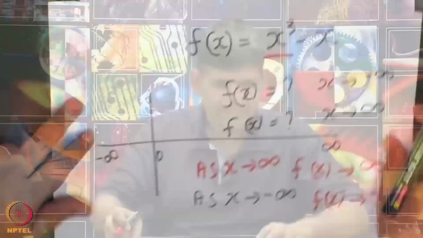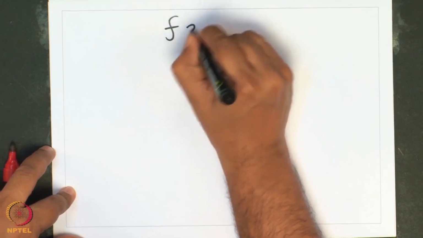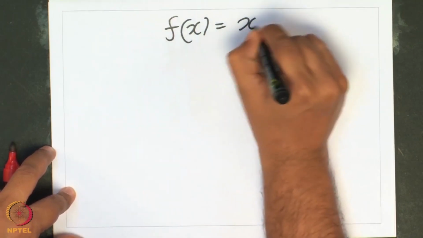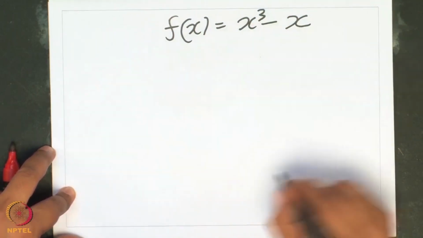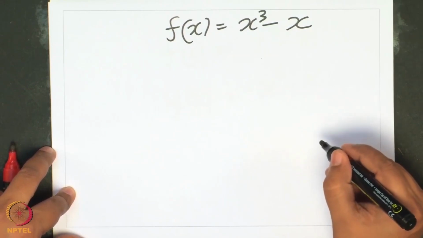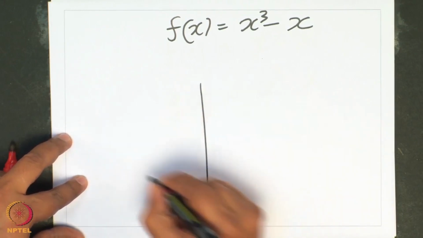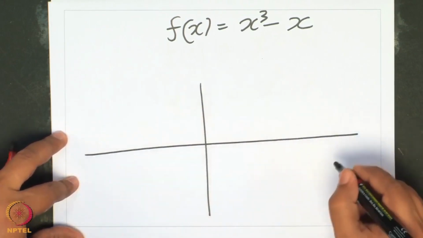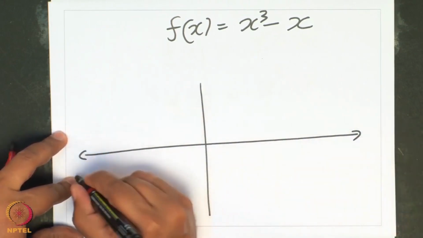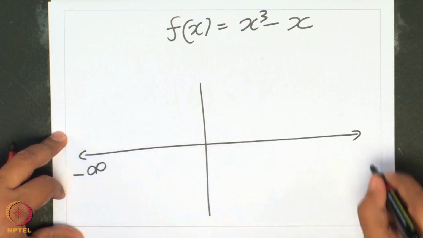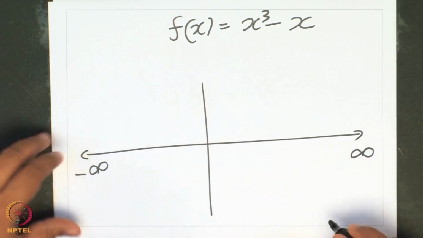So, let us take this paper and mark this properly. Our function is f of x is x cube minus x. Now, we are going to draw this from minus infinity to plus infinity, minus infinity far away here and plus infinity far away here.